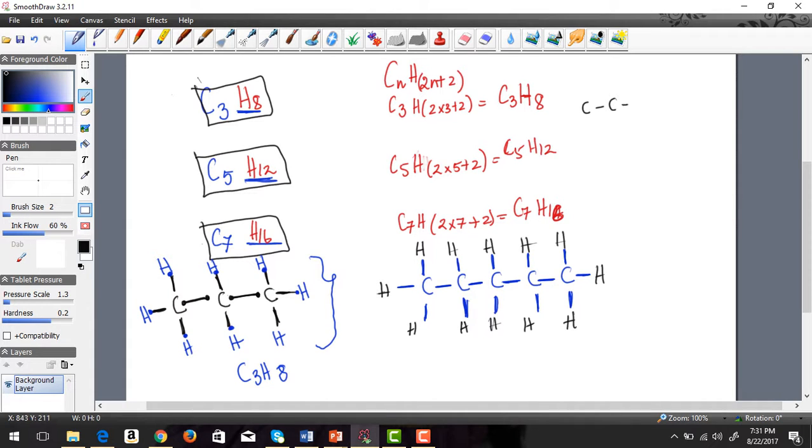I'm going to draw my carbons smaller so I have 7 carbons. Hopefully I can squeeze the hydrogens in. So I haven't done anything different than what I've taught you so far, so you should expect what you're going to expect. So hydrogen, hydrogen, hydrogen, hydrogen, hydrogen.